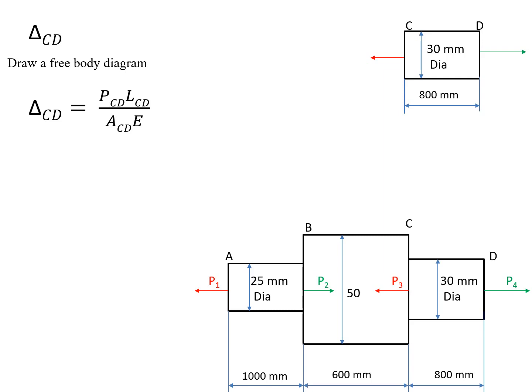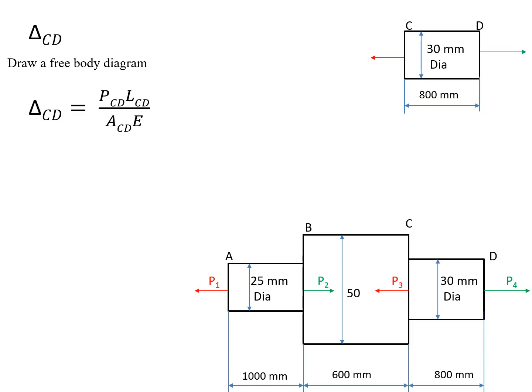Here P of CD equals the net force acting on the CD section. For this, we have to observe the right hand side or the left hand side of the free body diagram. So first we observe the left hand side of the CD section.